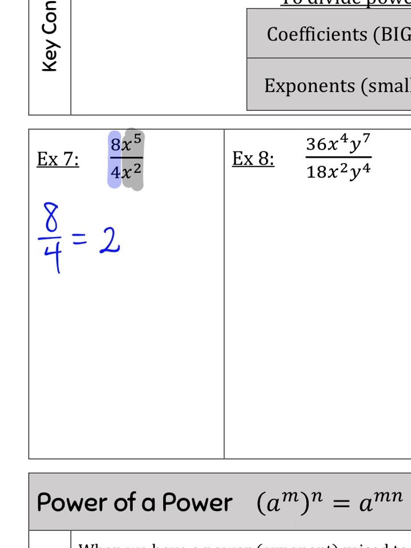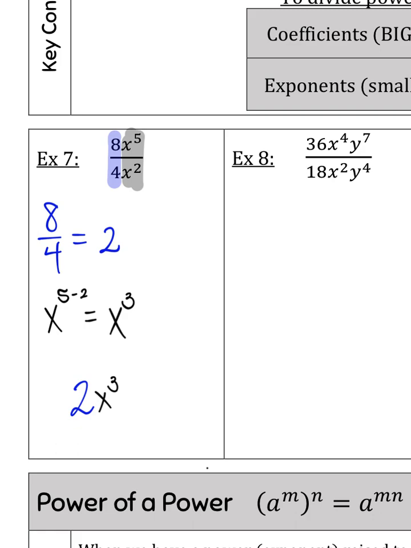The second part is x to the fifth divided by x to the second, which means we're going to put x to the fifth minus 2 so that we can get our x value of x to the third. Your final answer is going to be written 2 times x to the third power.